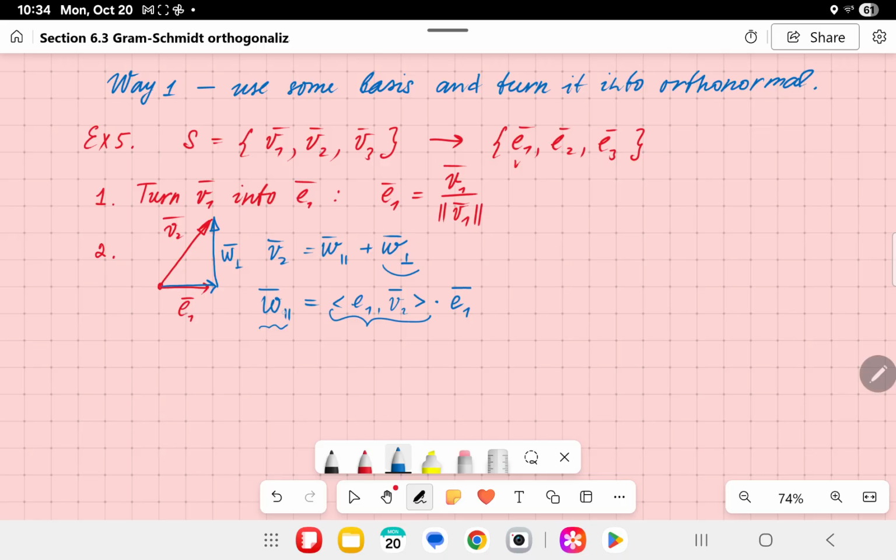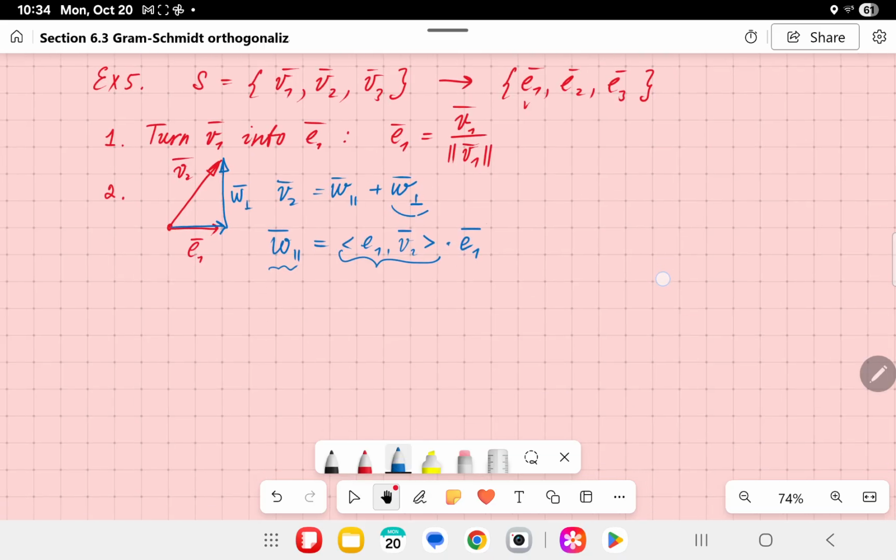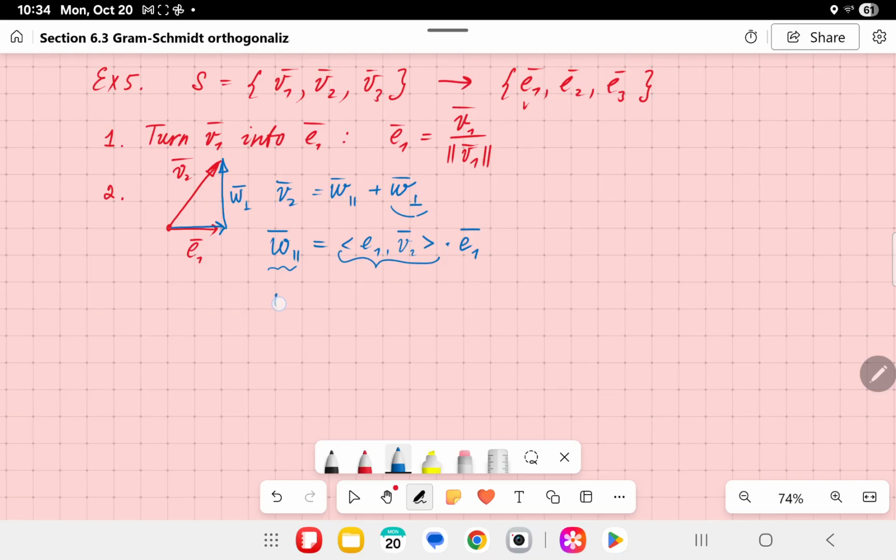I'm just going to consider a parallel vector, which is e1, already parallel to itself, multiplied by some number. And this number is going to be this one, this inner product, and you will see why it's supposed to be this one. I'm going to consider my orthogonal part as v2 minus w parallel.